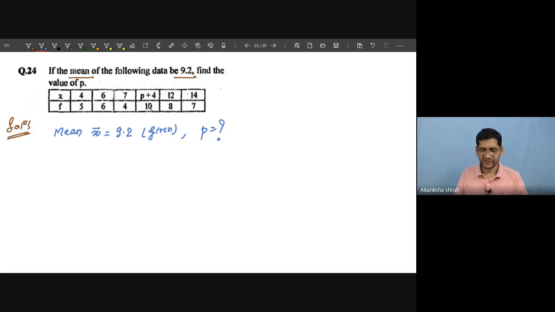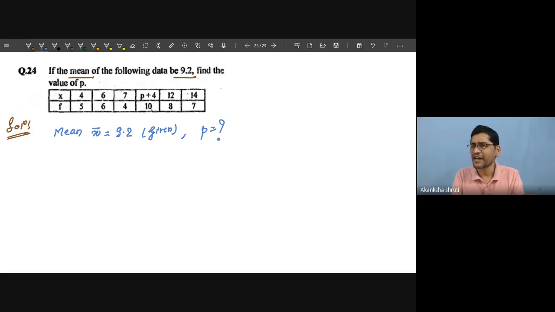This is the requirement. Now, students, wherever xi and f are given, how do we calculate the mean? X here is the representative of the class mark.